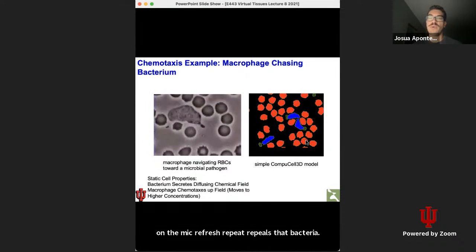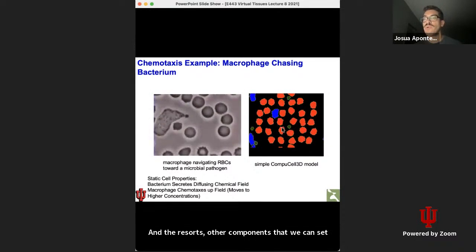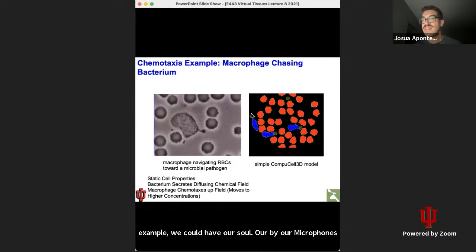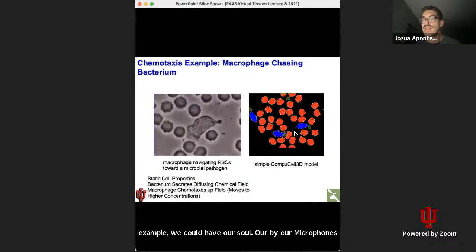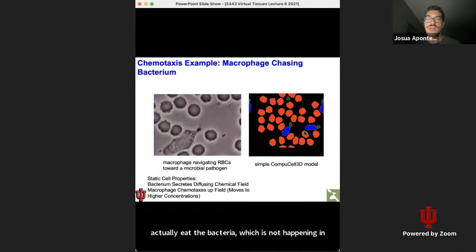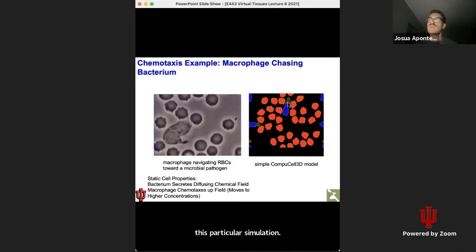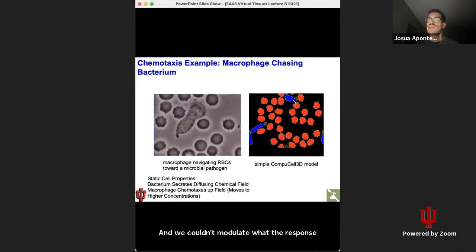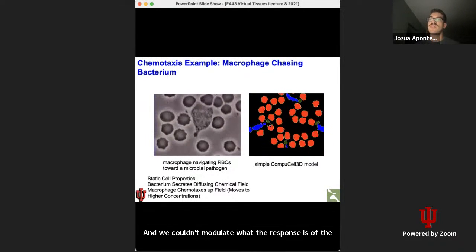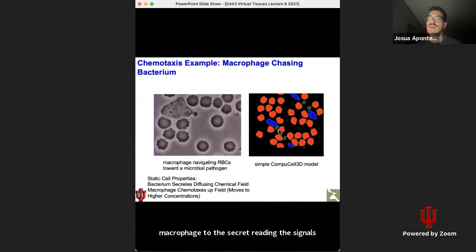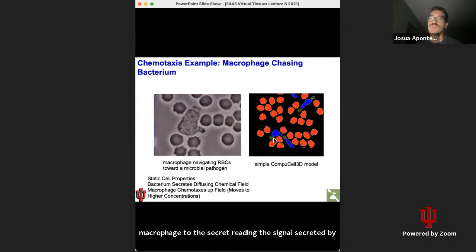And there are also other components that we can set. For example, we could have our macrophage actually eat the bacteria, which is not happening in this particular simulation. And we could modulate what the response of the macrophage is to the signal secreted by the bacteria. Does it absorb it or not?